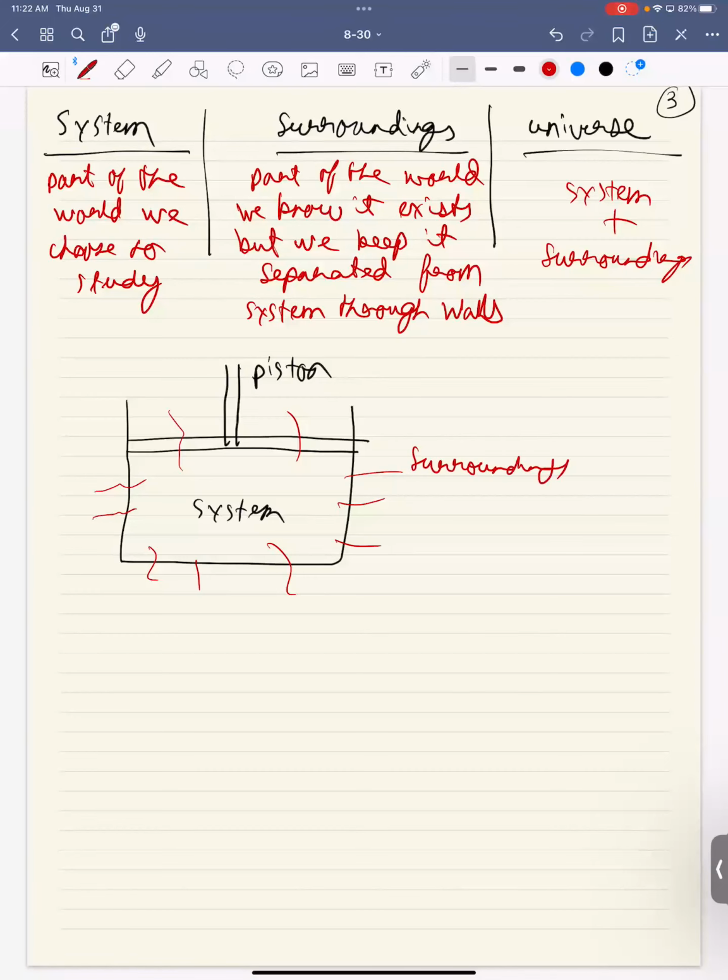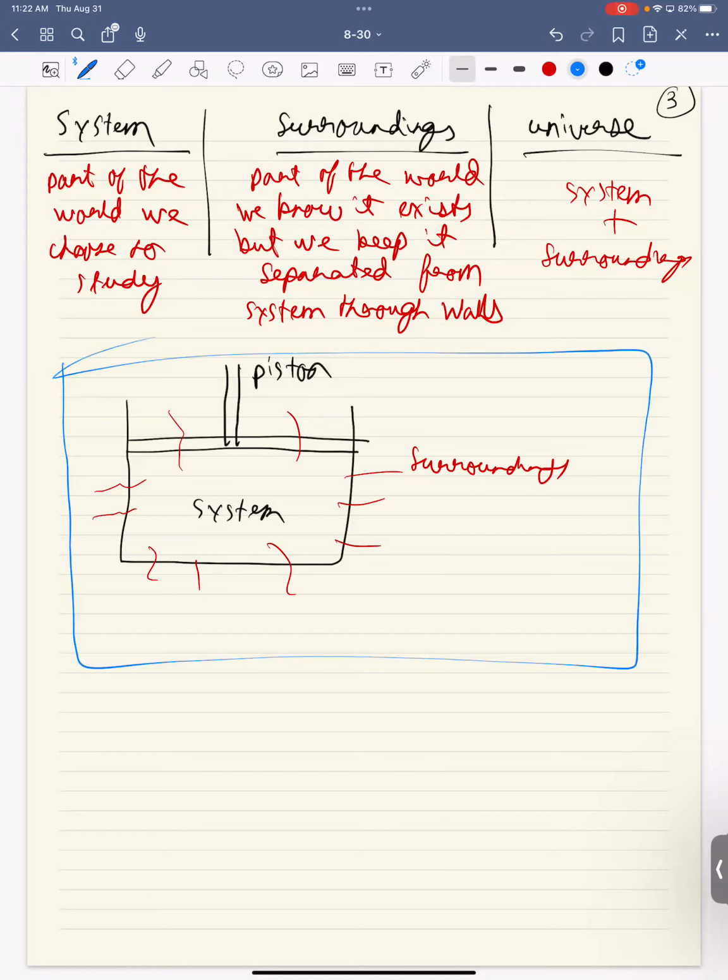Together we cap both of these and say this is our universe. We draw hatched lines outside, showing that nothing can exchange. Whenever I draw the hatched line, it means it's blocked. Nothing can go in and out. You might or might not have exchange between system and surroundings, but definitely no exchange outside surroundings, outside your universe.